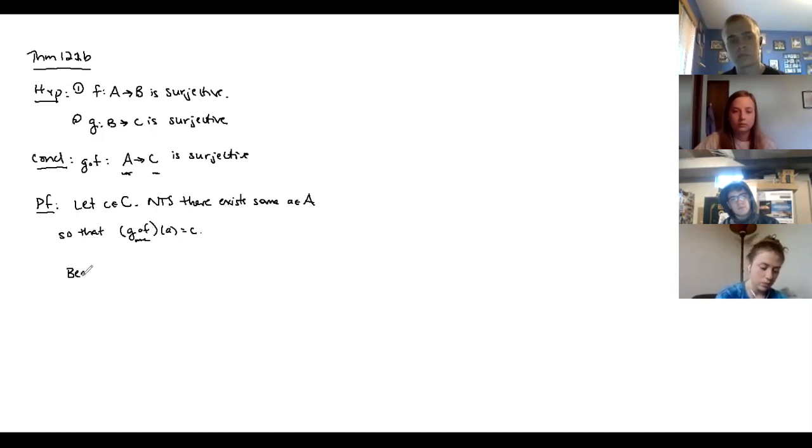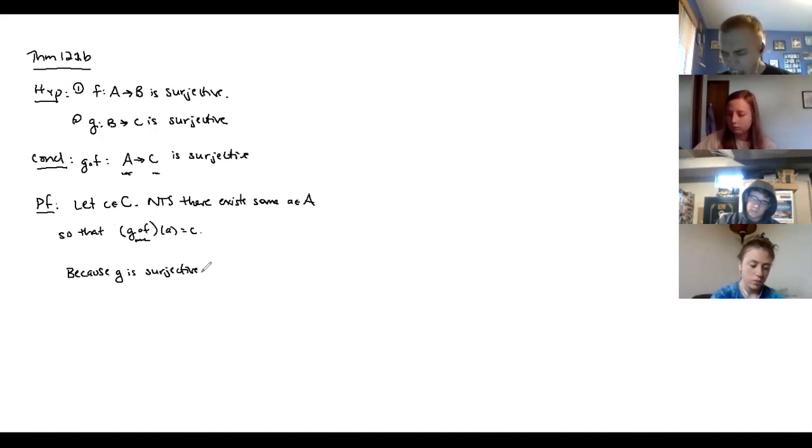So because G is surjective, we know there exists some little b living in capital B so that G of b is equal to c, right?